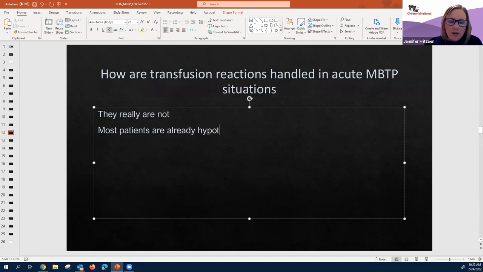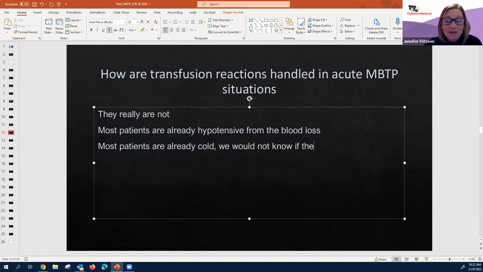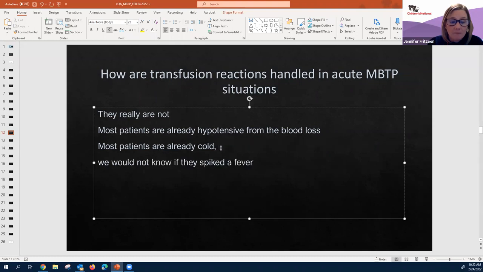That blood is going in way too fast for a fever to hit any time soon, so it's not even something we're watching for. Even if they spiked a fever in the midst of a massive blood transfusion, the risk and benefit of stopping it is bad. Bad things will happen if we stop that blood. This is the keep-them-alive mode that we're in until we can stop the bleeding.